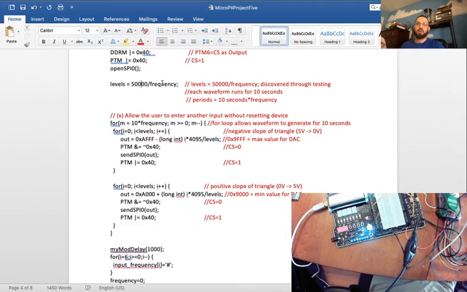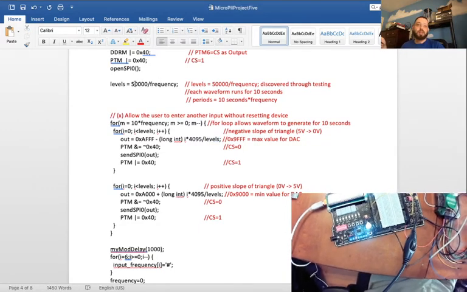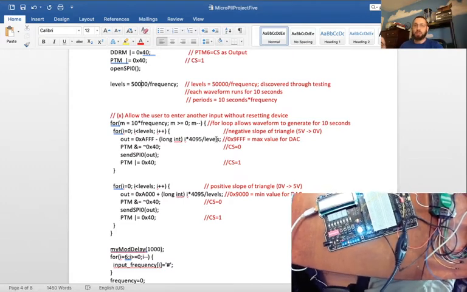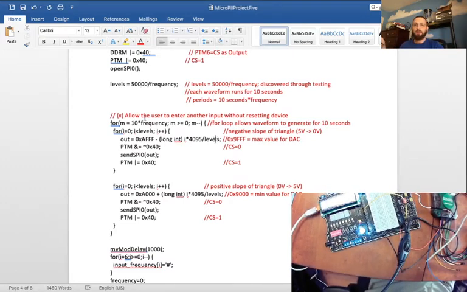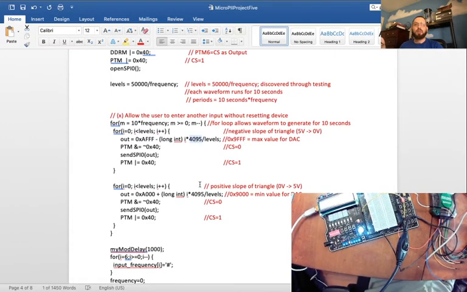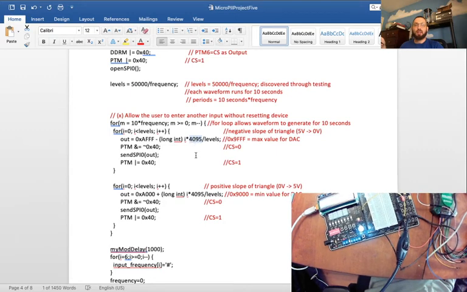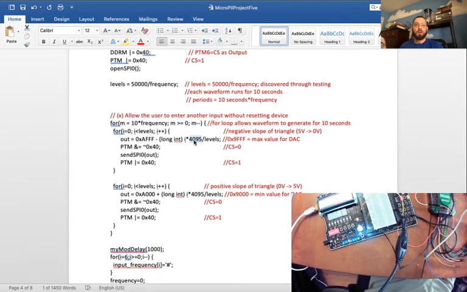So 50,000 divided by 10 gives you the 5,000, and so that actually ends up working. So we tested this, and you can see that it works for the frequencies, but it scales in that way, which is very cool. One thing that's different is that this is 4095 instead of, I think, 1023.